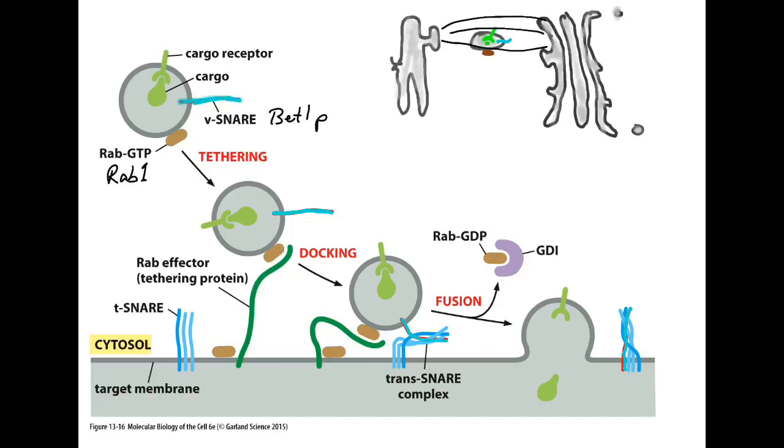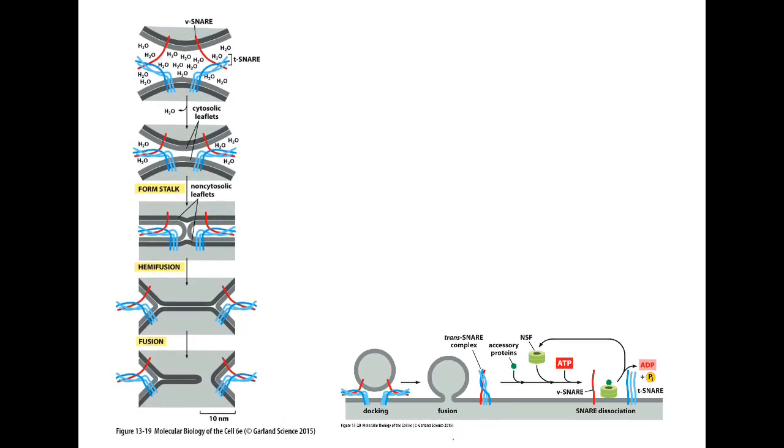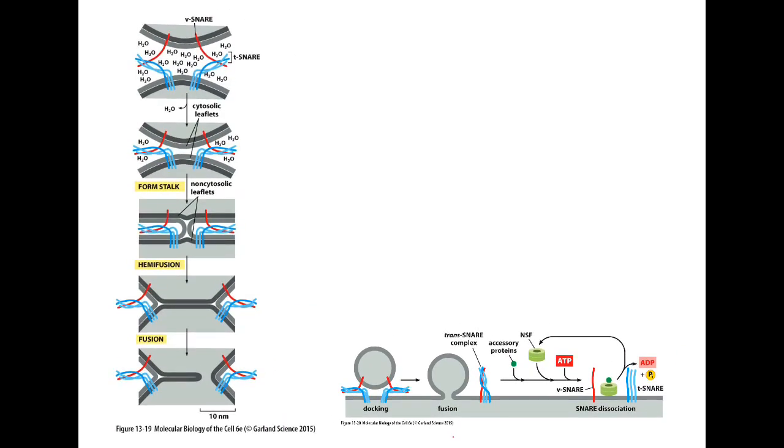And just to sort of wrap up the procedure, we can't stop here because we want to have this process continue as soon as the next cargo vesicle comes in. So there's a little bit more to it than that diagram indicates. And what is involved in reversing the interaction of the snares is shown on this diagram.